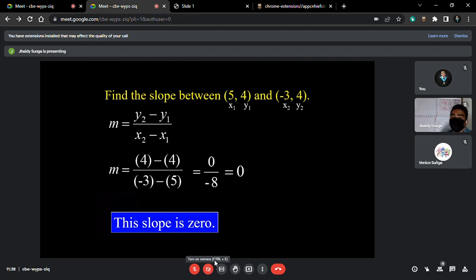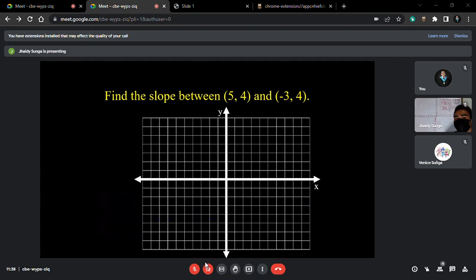If you are going to find that in our graph, this is our 5, 4 and negative 3, 4. We could see a horizontal line. A while ago, it was vertical, sorry. This is horizontal. If we have a horizontal line, the slope is 0, but if we have a vertical line, it is undefined.